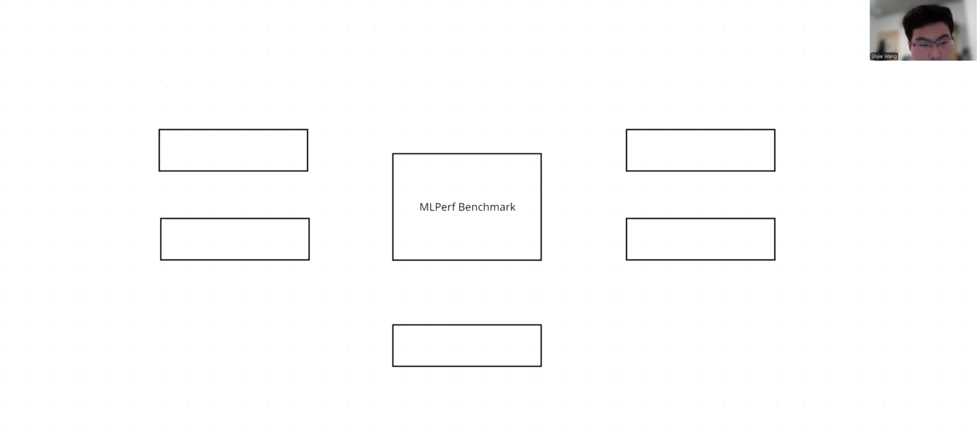So first we have our model weight, which is the weight of the model that we want to run inference on, and also a data set that we're going to feed into the model. We also have our preprocessor that preprocesses the data before we feed it into the model.